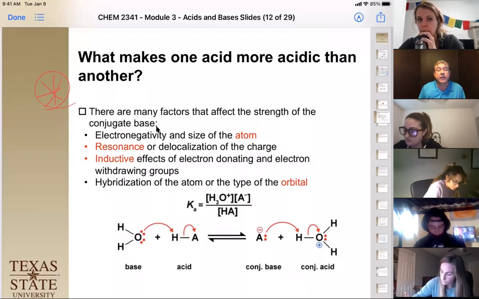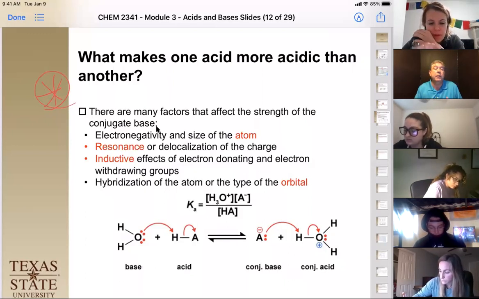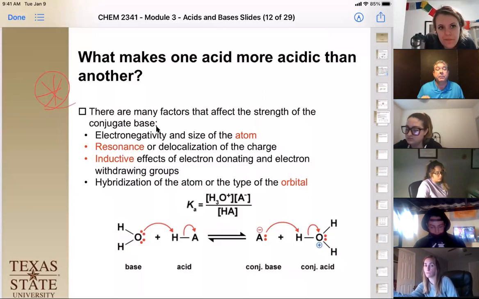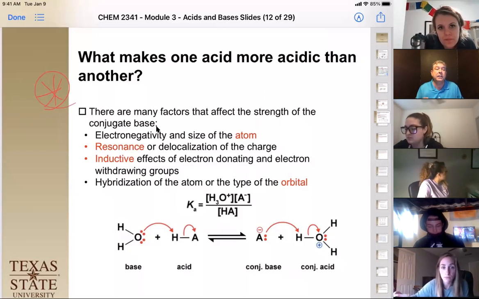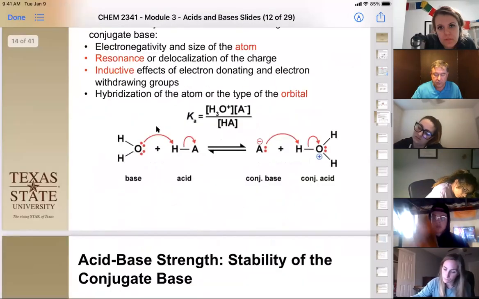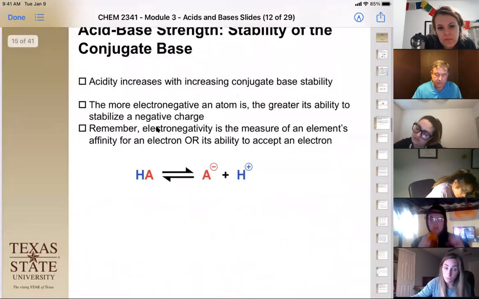If you also have inductive effects, an electron withdrawing group or an electron donating group that can pull electron density through those bonds, it will change the acidity, and the hybridization of the atom or the type of orbital will change the acidity of that acid as well. So let's go to talk about them one at a time.